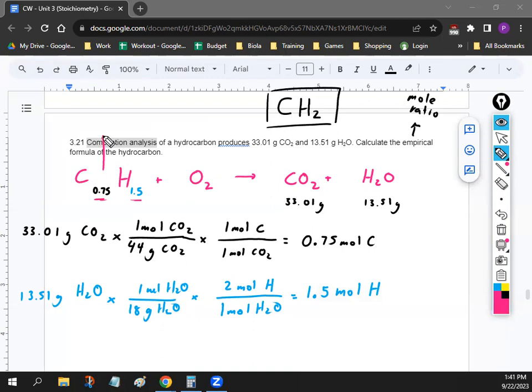So we divide 0.75 by 0.75, and that's going to be C1. And if we divide 1.5 by 0.75, that should be 2. And that'll give us 2. Does that answer your question? Okay. Yeah, so that's the empirical formula. Just divide by the smallest number.